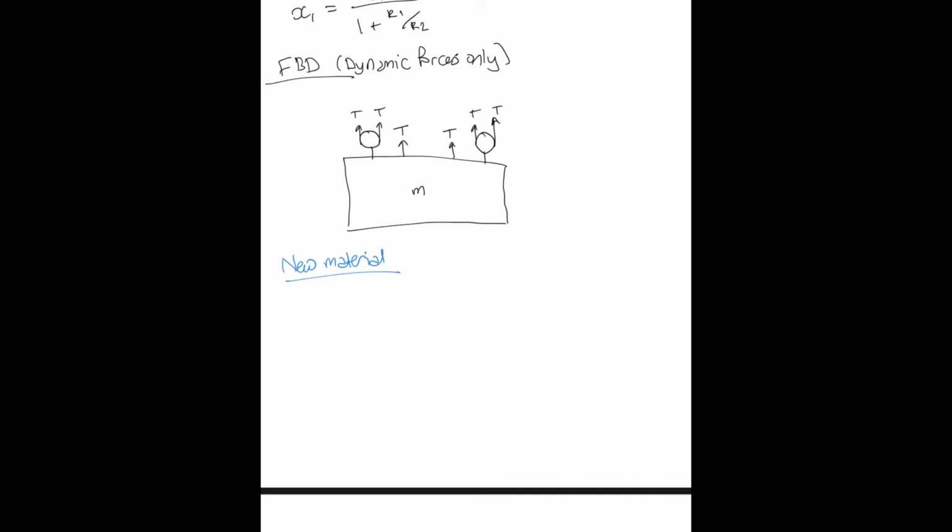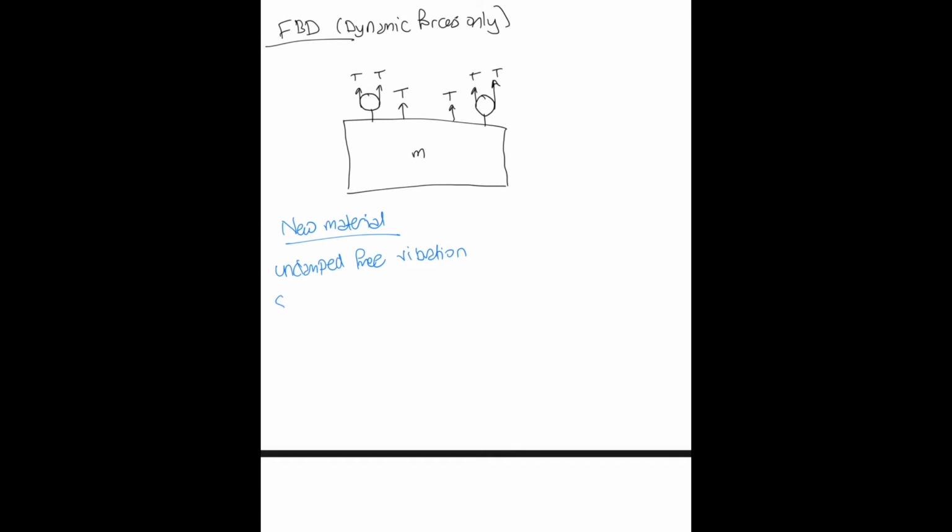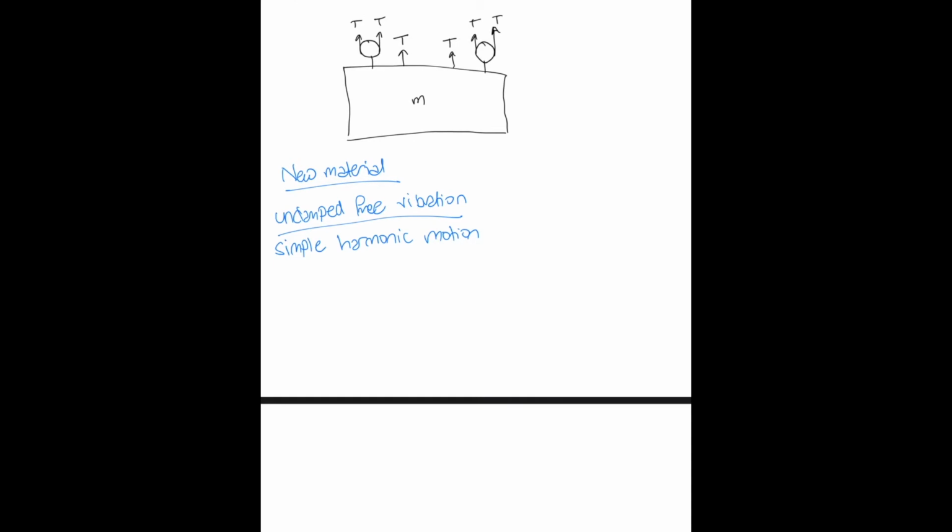If we have an undamped free vibration, like in our question over here, there's no damper, the simple harmonic motion equation is going to be as follows. x double dot plus omega n squared x is equal to 0.